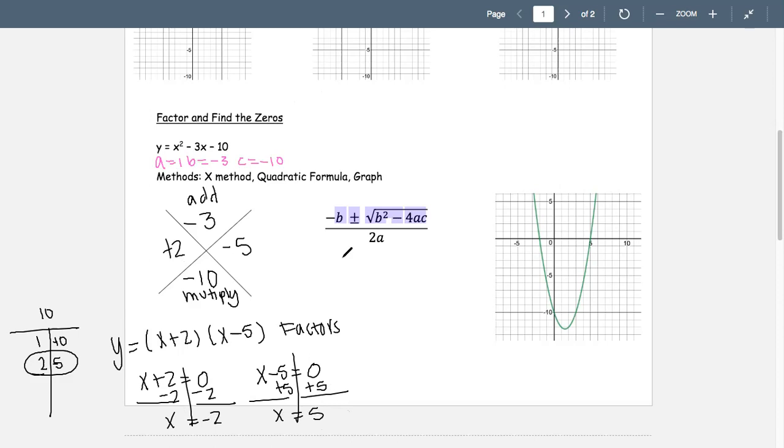On the top, the numerator, it's negative -3, so +3, plus or minus the square root of -3 squared minus 4 times 1 times -10, over 2 times 1. Perfect. So all we did here is identify our A, our B, and our C, and we plugged it into our quadratic formula.